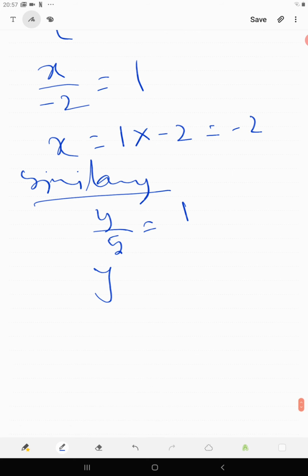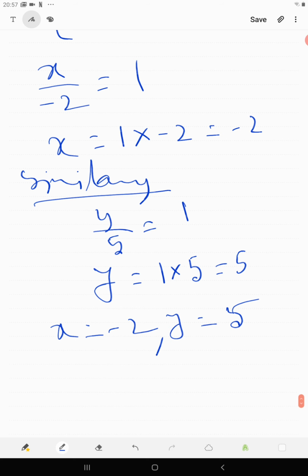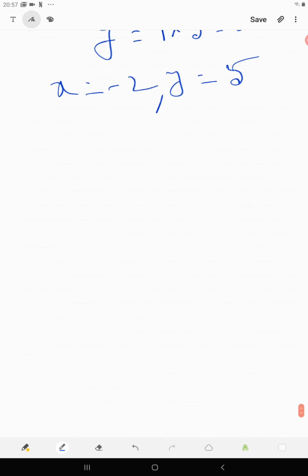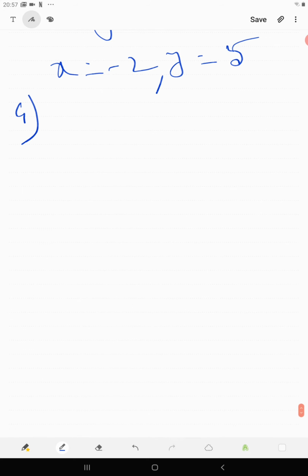So y equals 1 into 5 equals 5. So if you see, we got x equals minus 2 and y equals 5 by both the methods. So whichever method you follow, even if you do this problem with the graphical method also, you will get the same solution. Okay, let's do the fourth problem.